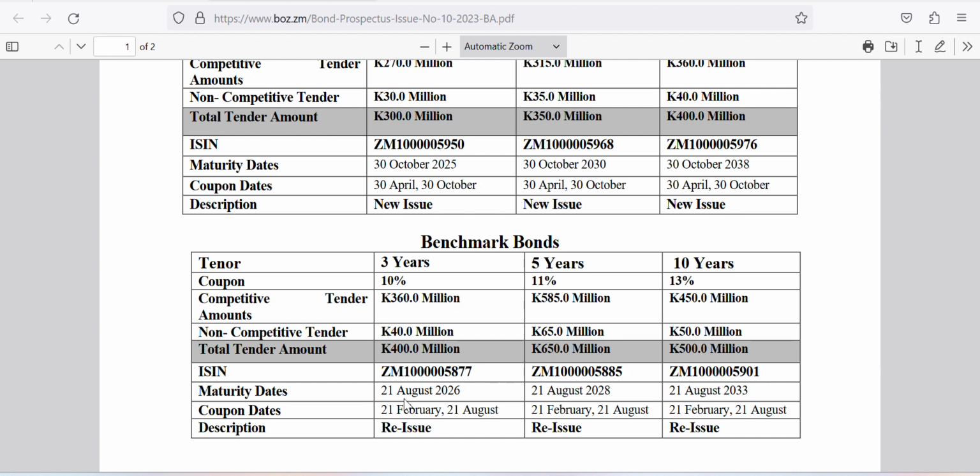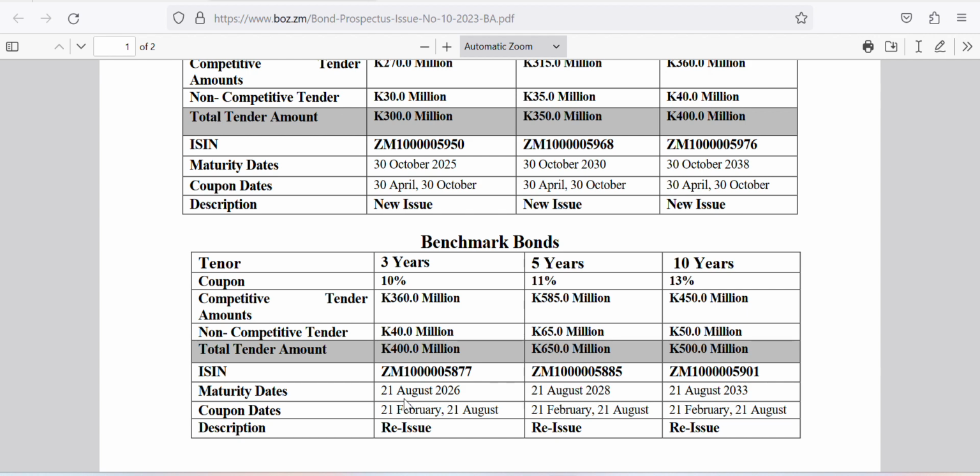A reissue is a bond that was issued, say, last month or the month before that, but the government has not been able to raise all the funds that they sought to raise for that particular bond.